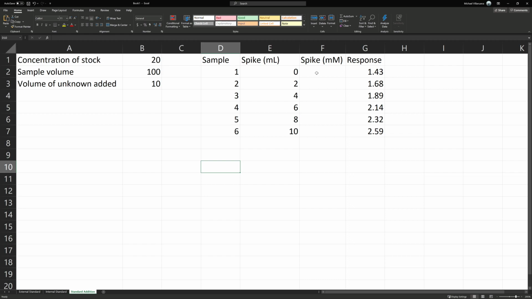We're going to calculate the concentration now. And the concentration is going to be equal to this multiplied by this divided by this. Same exact logic we've been doing so far. Let's put some dollar signs on this.